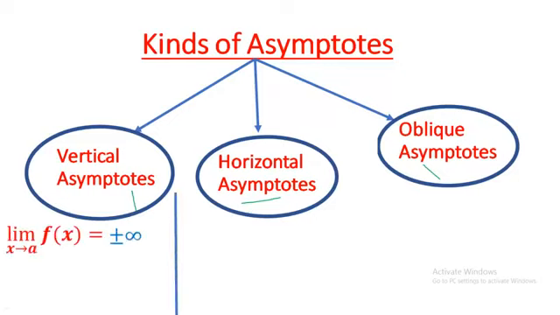If I calculate the limit as x tends to a number a of a rational function f of x, and I get plus or minus infinity, then this x equals a will represent the vertical asymptote.